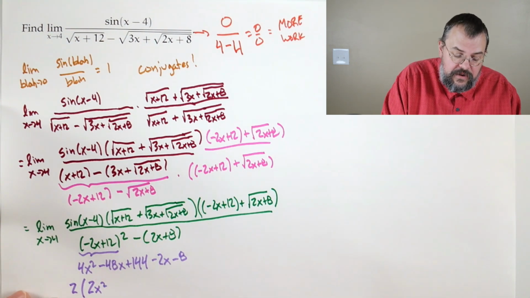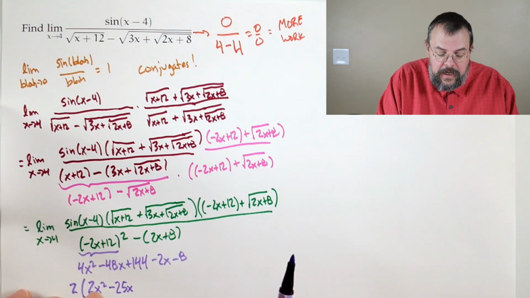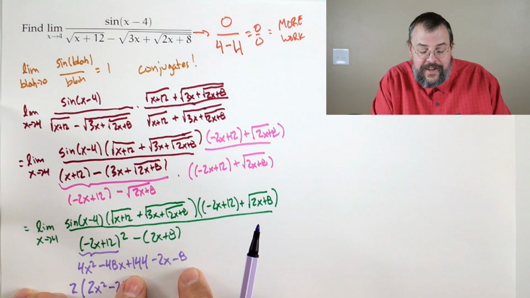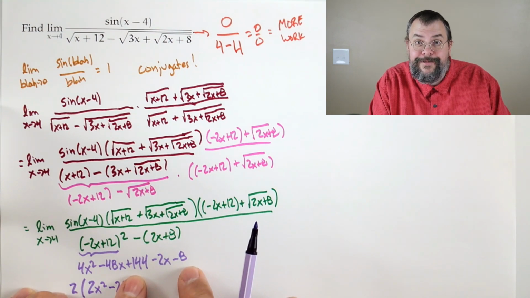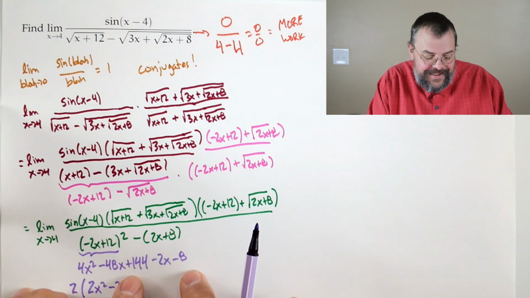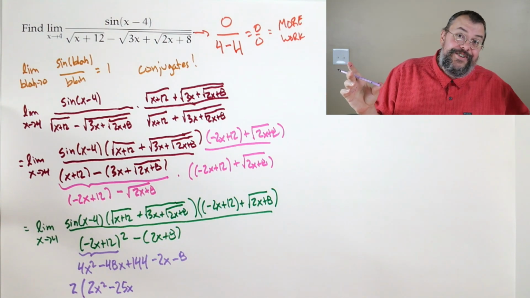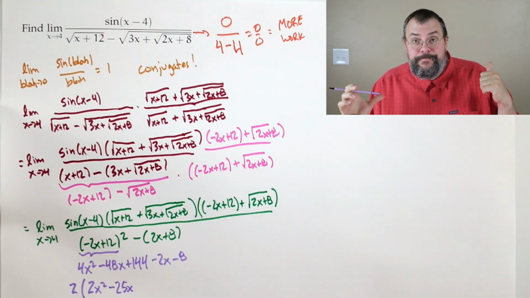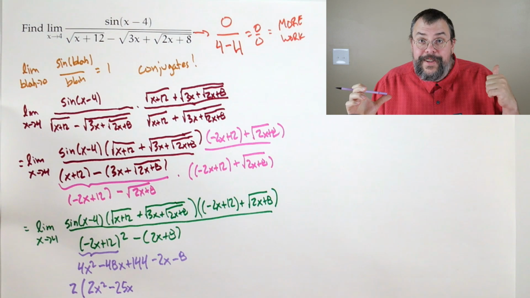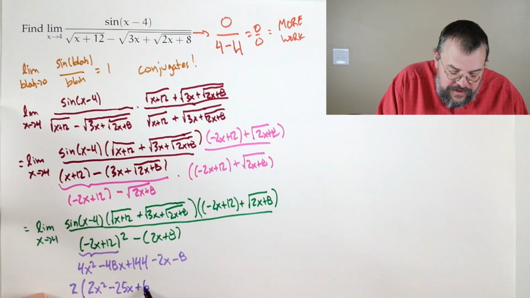But I'm factoring out a 2, so that's minus 25x. 144 subtract 8 is 136, right? It is, it's 136. I hope. Well, I'm going to pretend like it is. All right. If you take 136 and factor out a 2, what are you left with? 68. All right. So plus 68.